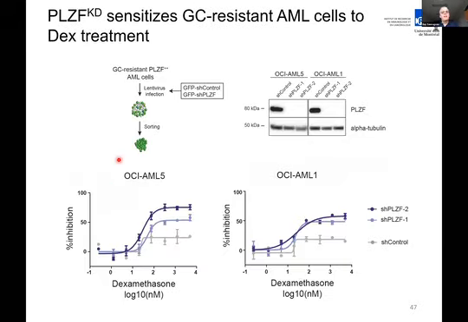So if we knock down PLZF in both lines with 2 shRNAs as shown here, we seem to sensitize these cells to DEX treatment. This is the AML5 data here, and this is the AML1 data here.